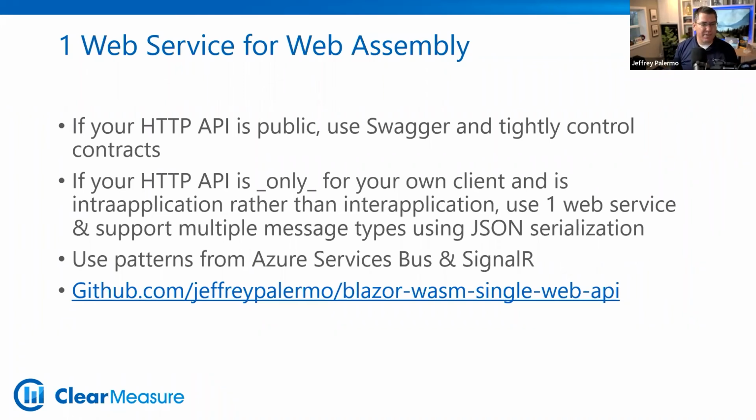Service buses have been doing this forever. RabbitMQ, Azure Service Bus, the SignalR SDK does this. Heck, SQL Server does this. And that is the concept where, in order to talk to the database, or in order to talk to the server, there is one connection string. There is one address. There is one address to a queue.